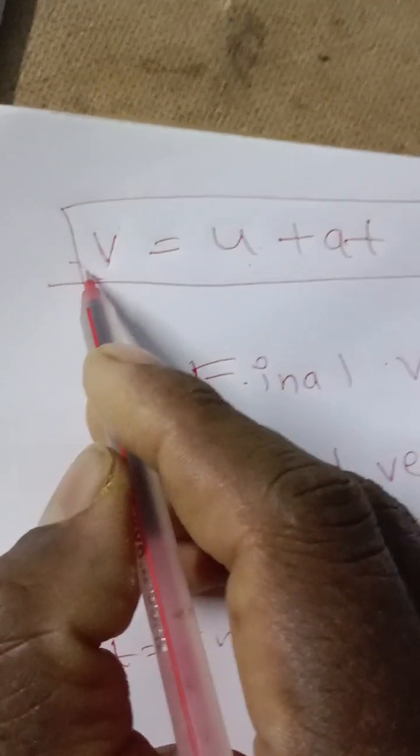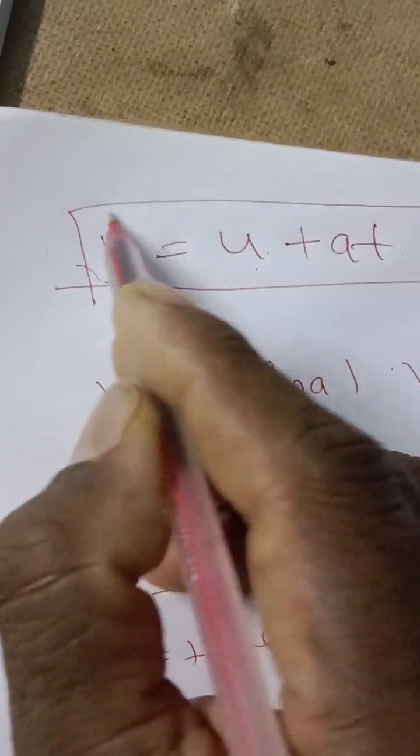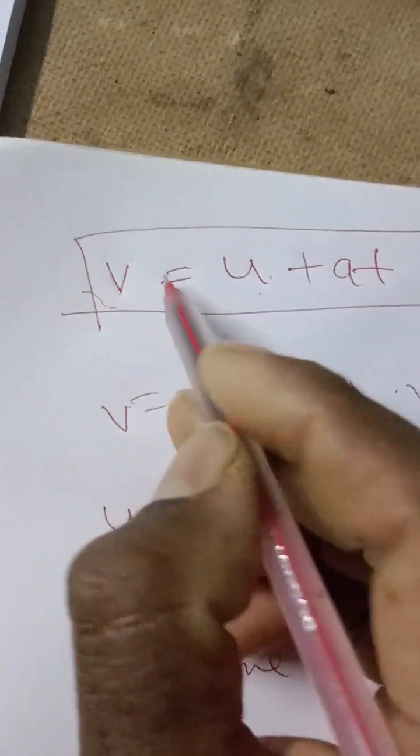This is the velocity of an object after time t, or at time t.